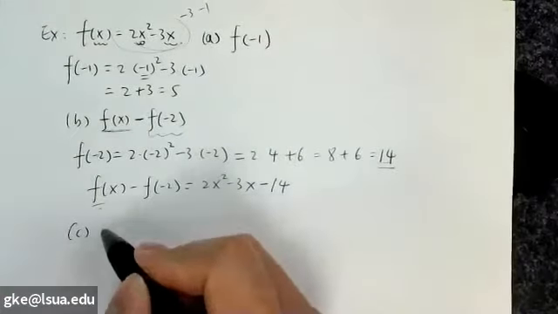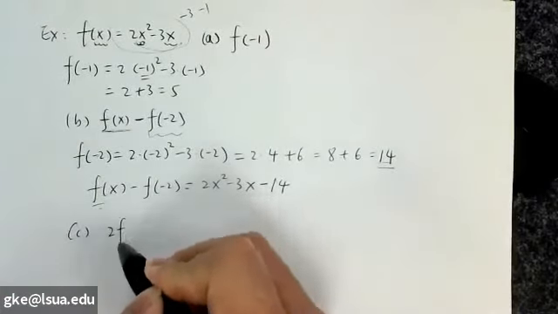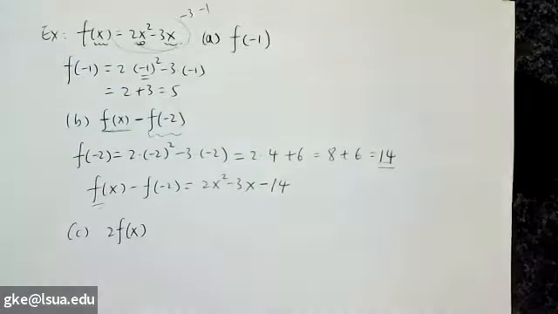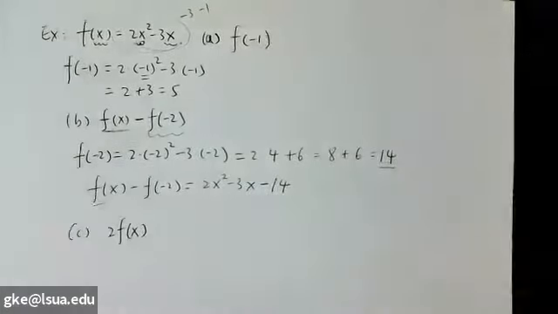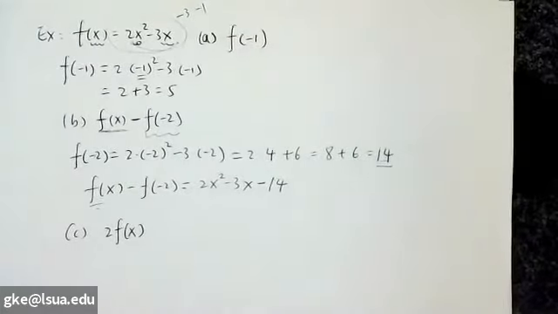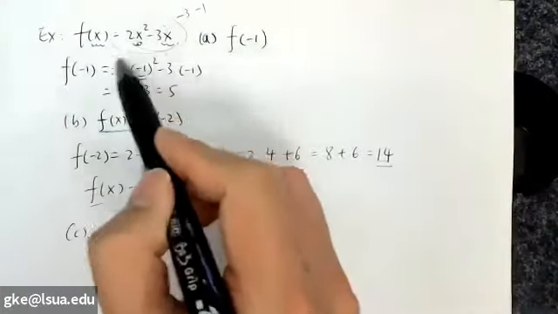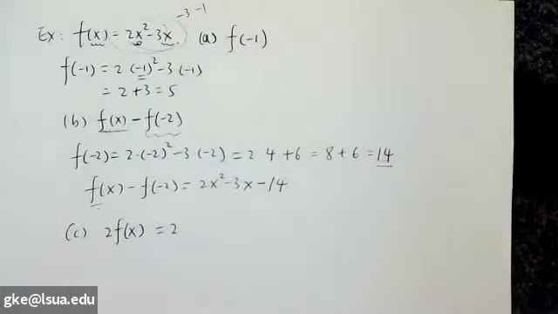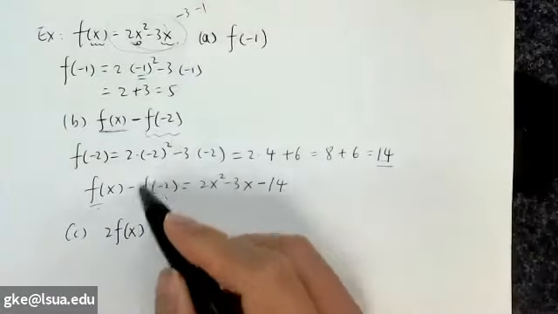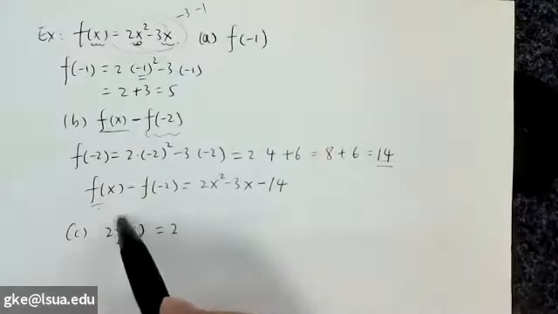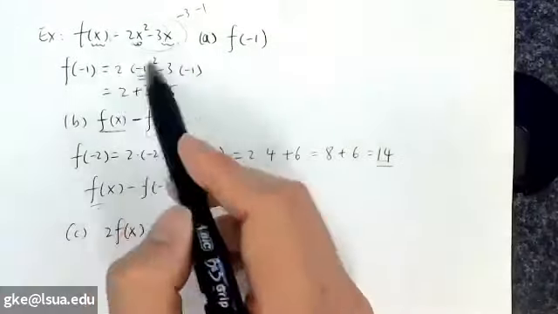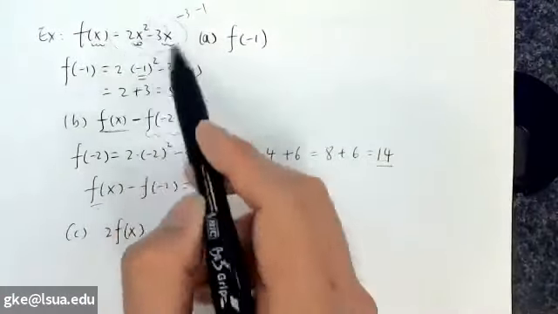Now the point is, what is 2f(x)? How to calculate 2f(x)? All very similar. f(x) is 2x squared minus 3x, right? So when you plug in f(x), be careful, it's the whole thing.